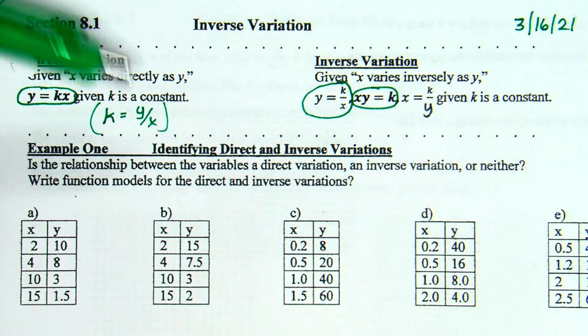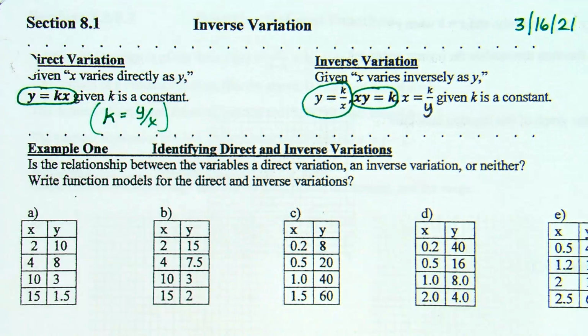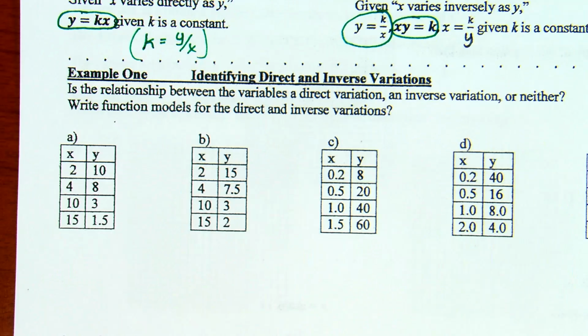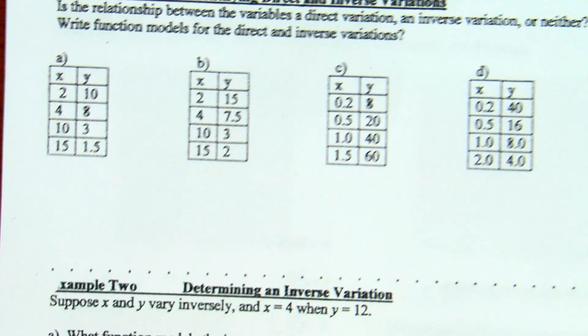So basically we talk about the equations if it's a y equals equation or how we find k. So if it's k equals. Now, one of the basic things you're going to be doing, and you've done this before, is taking a chart of numbers or a set of relationships there and determining, is this relationship a direct variation, an inverse variation, or neither of those?